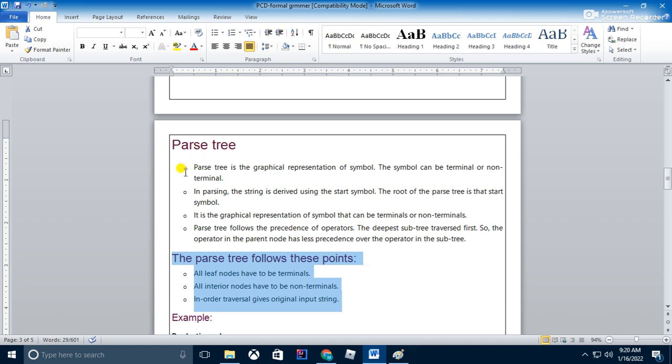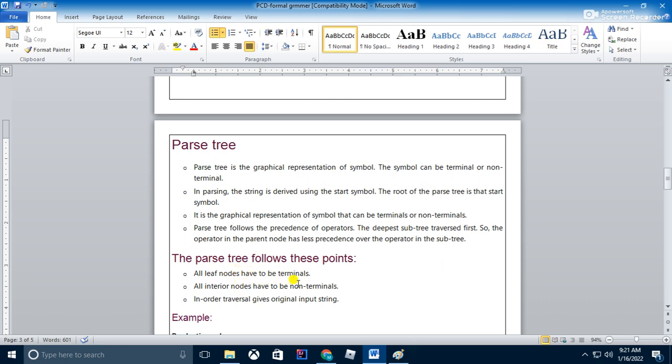So parse tree is a graphical representation of symbols. Those symbols can be terminal and non-terminals. In parsing, string is derived using the start symbol. The root of the parse tree is the start symbol. All leaf nodes must be terminals.